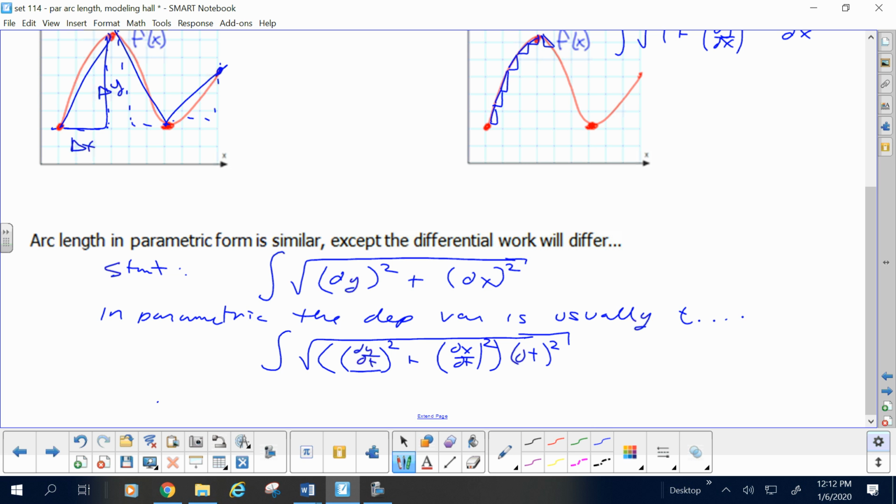And so the arc length in parametric is the same idea, but cleaned up, and looks different. It is the derivative of the y equation with respect to time and the derivative of the x equation with respect to time, integrating with respect to time. Really pretty easy to use.